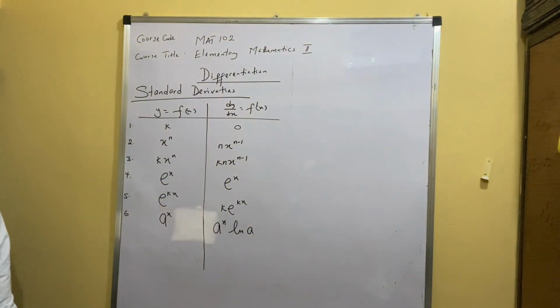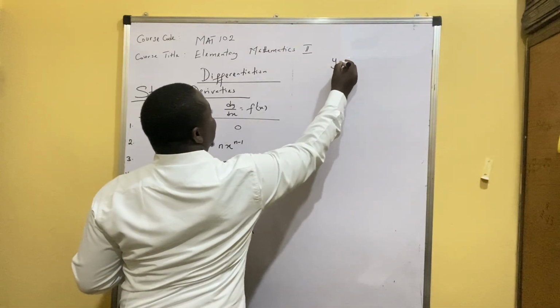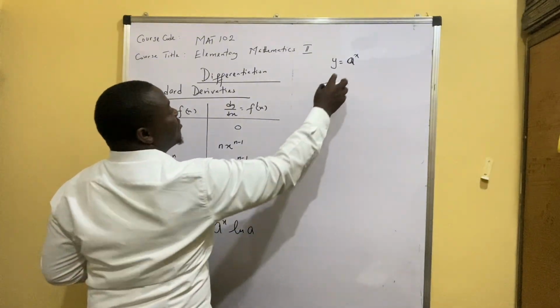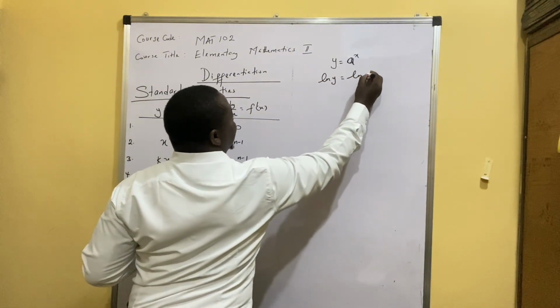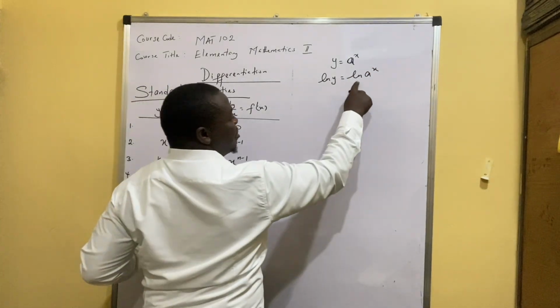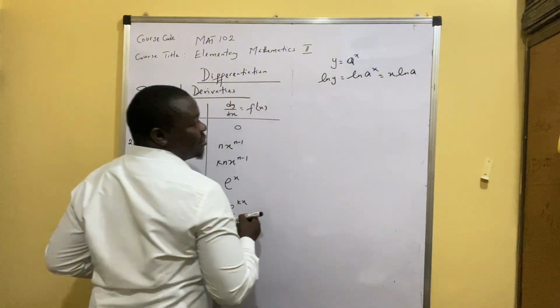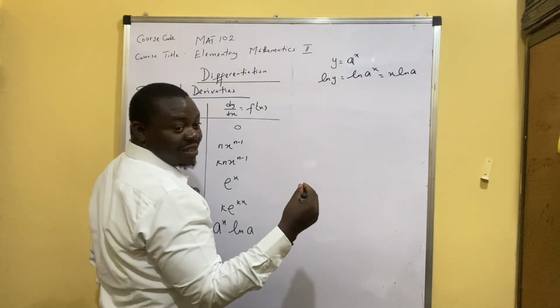How do they arrive at this? It's very simple. We have y equals a raised to the power x. Because it is a power, we apply logarithm to both sides. We take the natural log of both sides, because one of the laws of logarithm gives you x ln a. Now, ln a is just a constant.